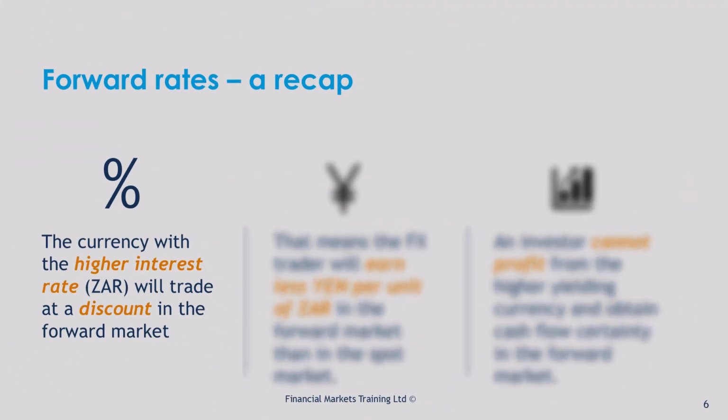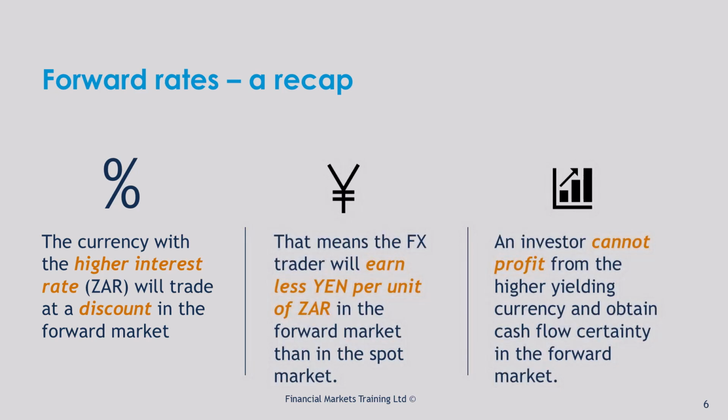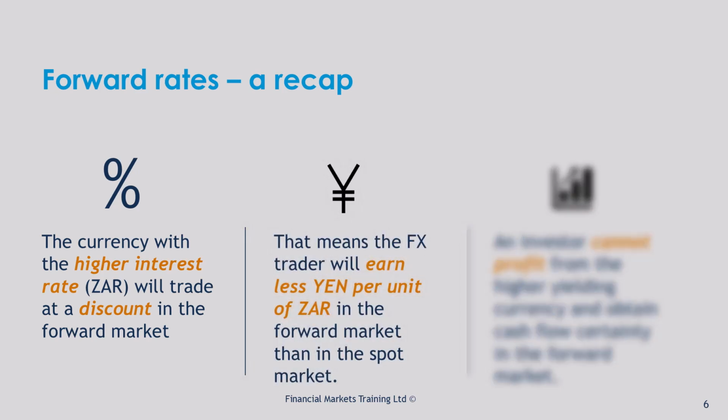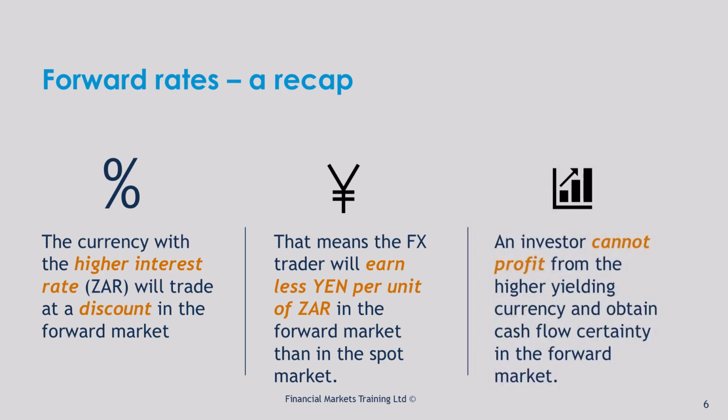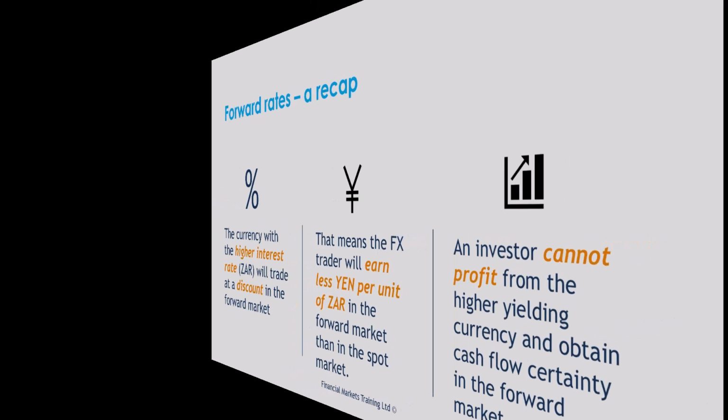The currency with the higher rate, in this case rand, will trade at a discount in the forward market. Here, the FX trader will earn fewer yen per unit of South African rand than in the spot market. An investor seeking to earn a return in the higher yielding currency and selling that currency forward to obtain cash flow certainty will earn a return equal to that of the counter currency.